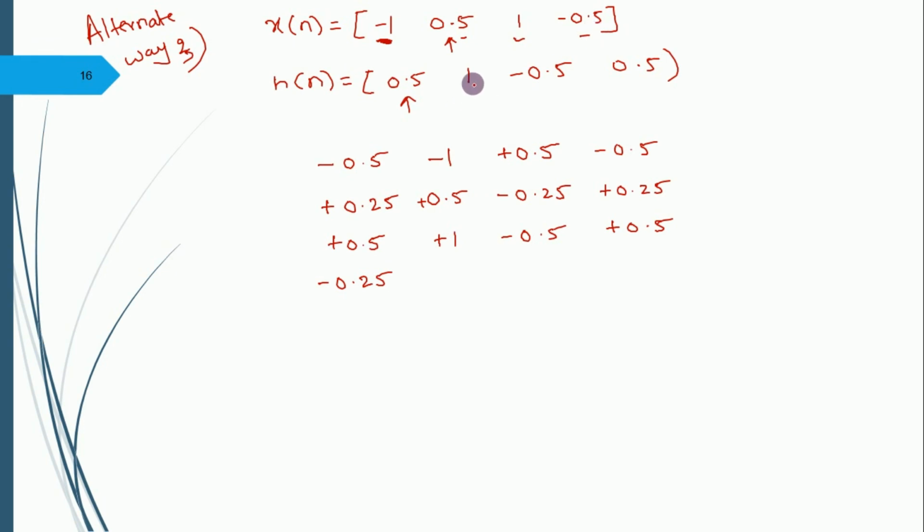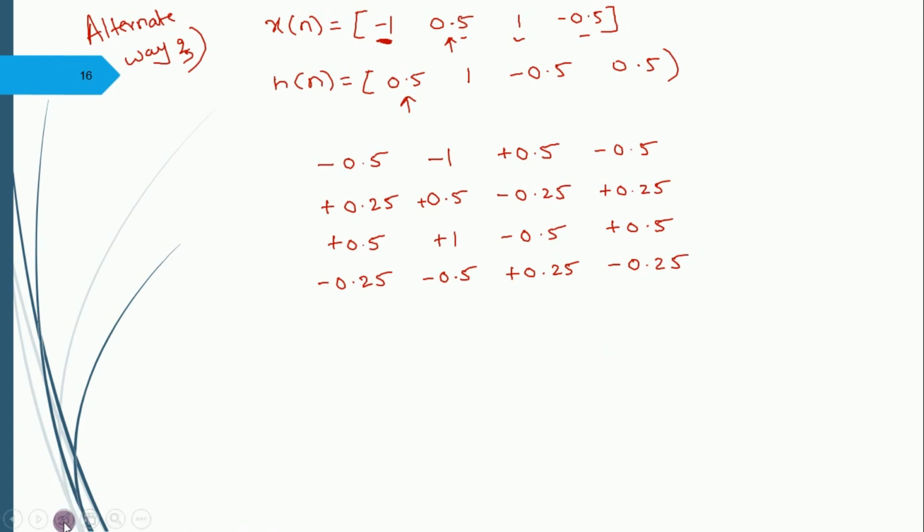Minus 0.5 into 1 minus 0.5. Minus 0.5 into minus 0.5 plus 0.25. Then minus 0.5 into plus 0.5 minus 0.25. The table is ready for now.